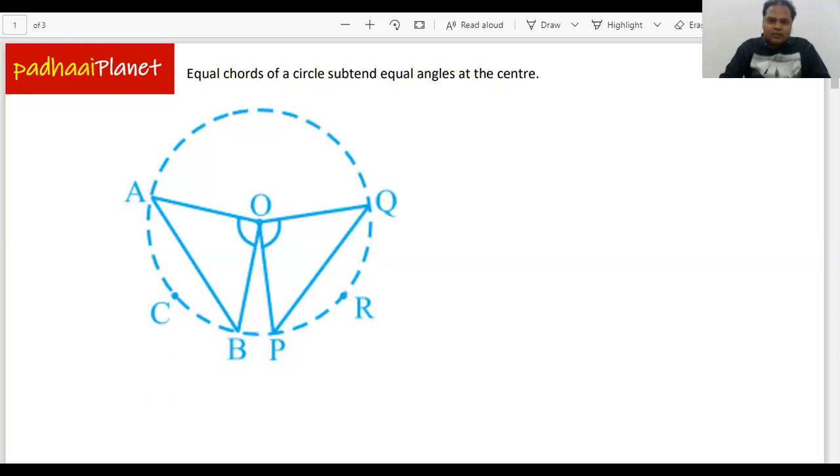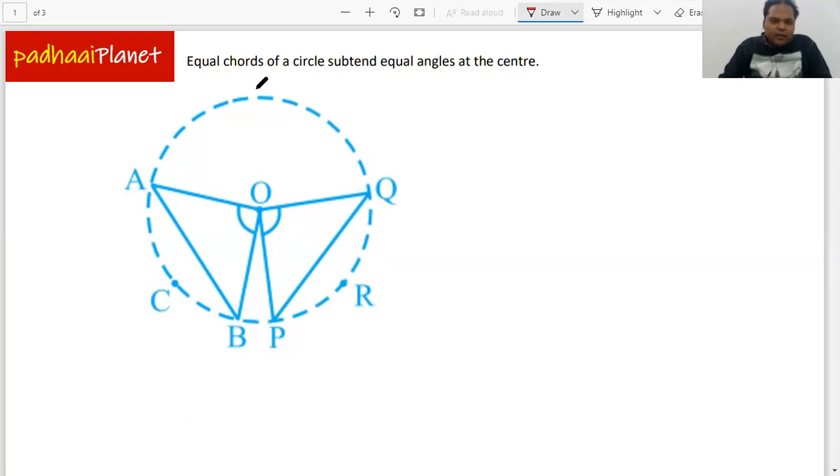Here we are, and in this diagram we are given a circle. There are two equal chords in the circle, AB and PQ. AB is equal to PQ, and they are both chords of the circle.